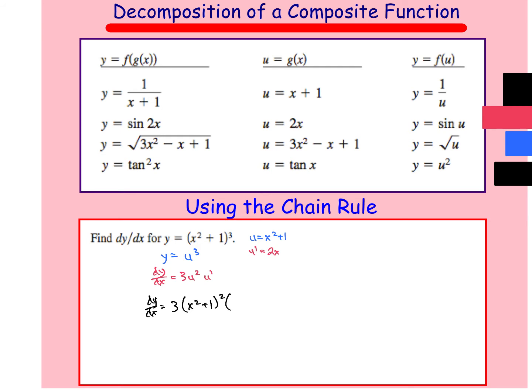And then what's my u prime? 2x. And then the only thing I would do is simplify it a little bit. The 3 and the 2x give me 6x times x squared plus 1 squared. So dy/dx equals 3u squared times u prime, the derivative of u.